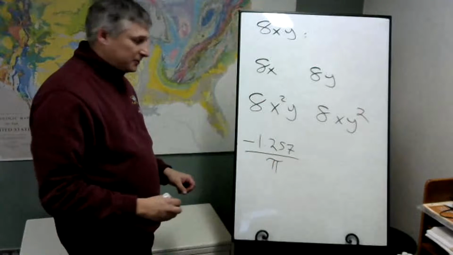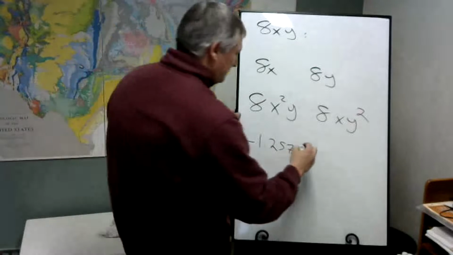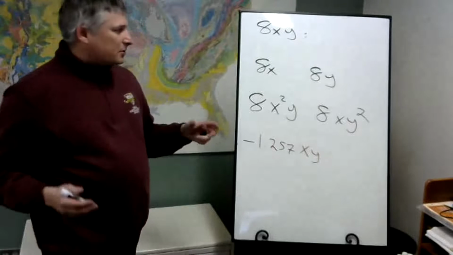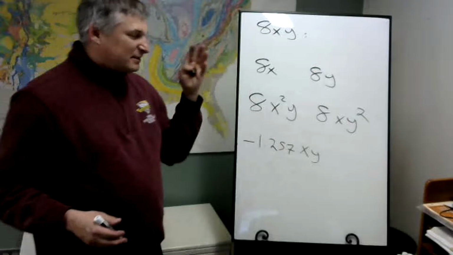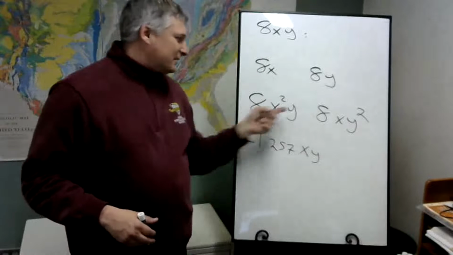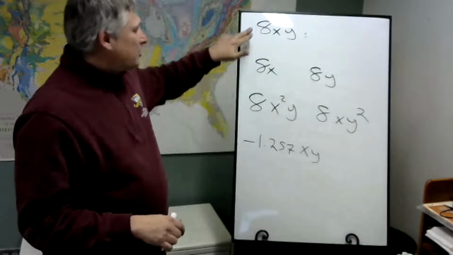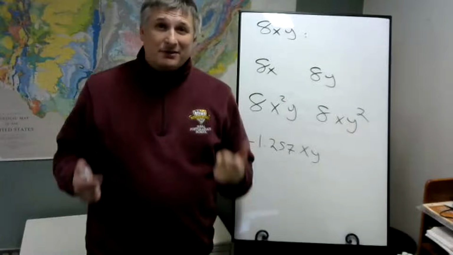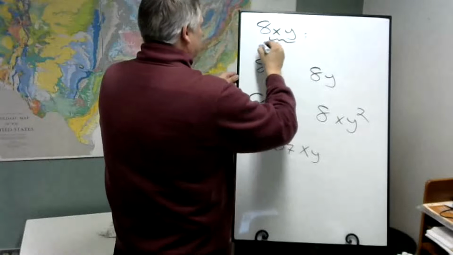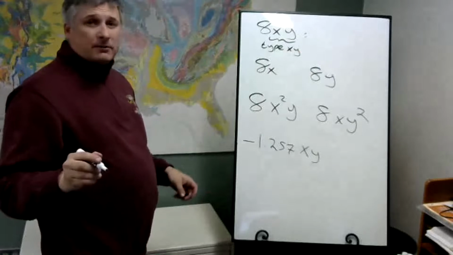Ooh, that's a rough coefficient. We'll go with something a little friendlier. XY. So we want to circle the like term, this term that's the same type as this. And you see all these 8s, and it's like, okay, that seems to be kind of cluing us in, but it isn't. The coefficient, the number in front, doesn't matter. So if we look at this, it's a type XY. It's the variable part we look at.